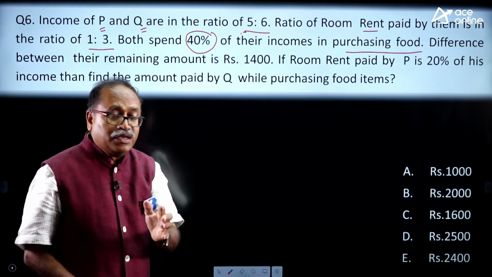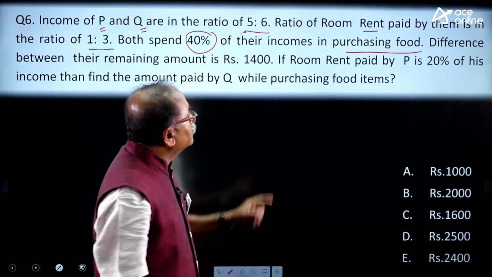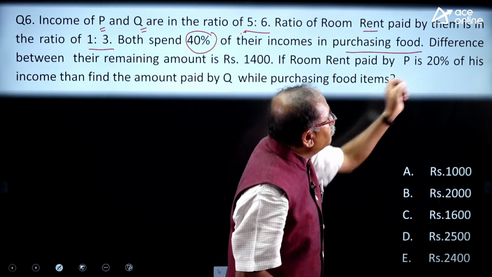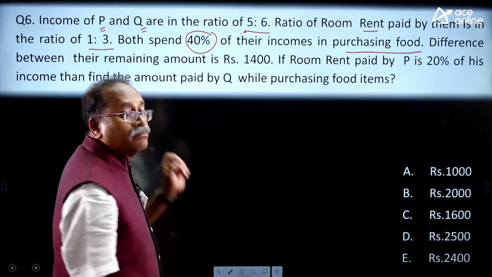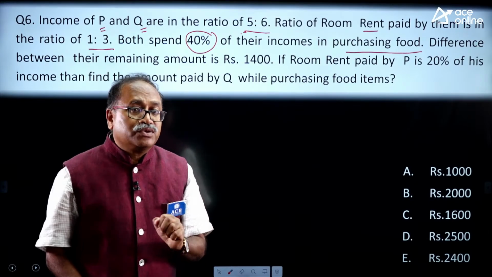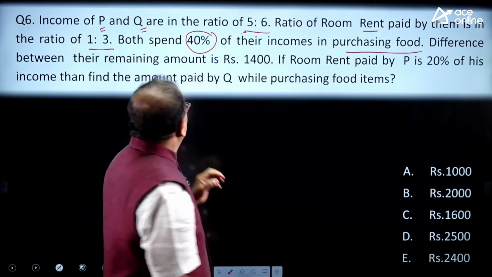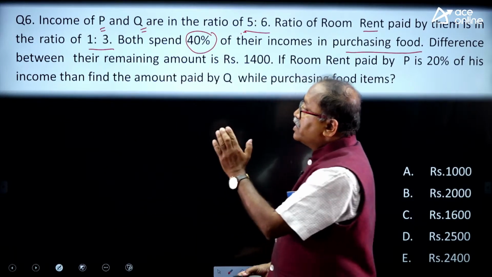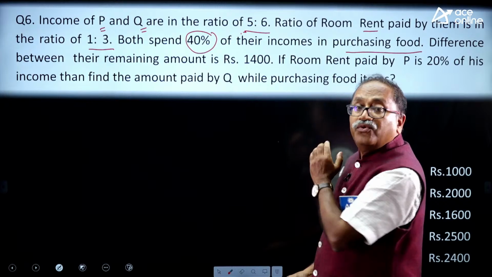Am I right? Yes. So I need to find the remaining amount in the form of x. If the rent paid by P is 20% of his income, this is very important information. Without this, you can't answer the question. I repeat, the rent paid by P is 20% of his income. Then find the amount paid by Q while purchasing food items.